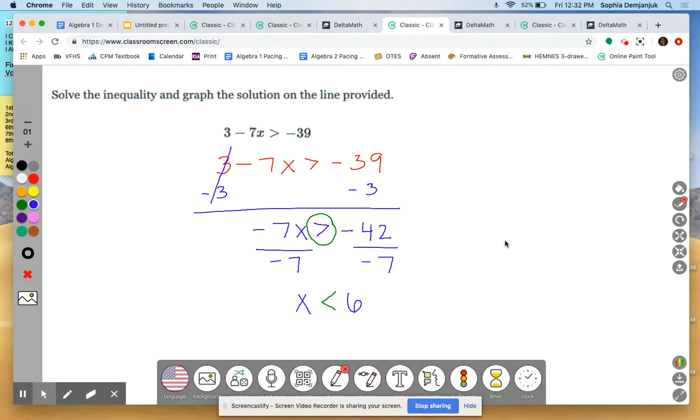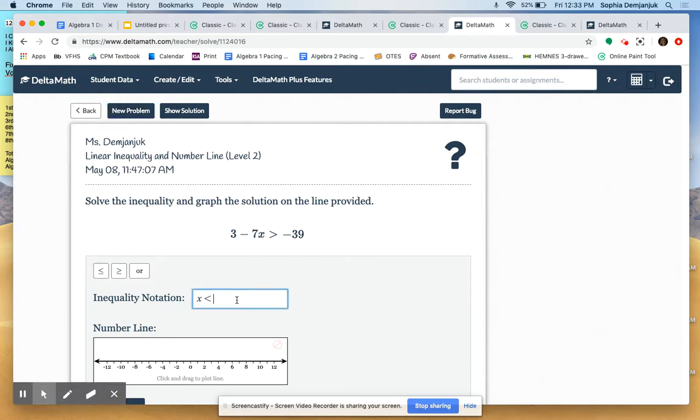So I know when I go to write it on my number line, I'm going to have an open circle at 6. Looking at the inequality symbol, it's arrowing to the left. So x is less than 6. The dot on 6, arrow to the left, and it needs to be an open circle.